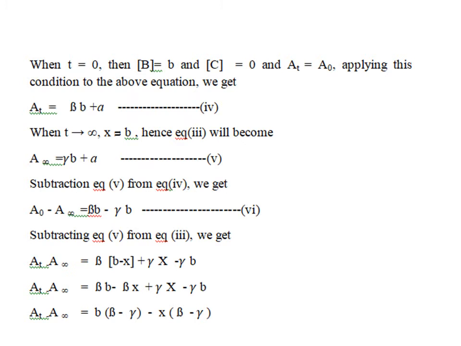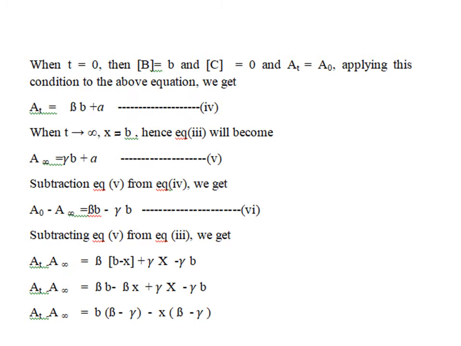Applying this condition to the above equation, we get AT is equal to beta into B plus alpha. Since C is 0, gamma into C will become 0. Then the absorbance will be equal to beta B plus alpha. This is equation number 4.